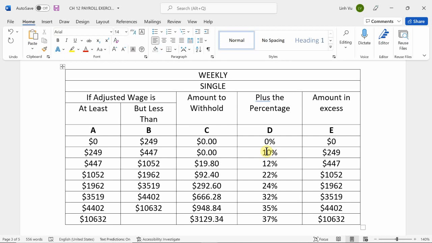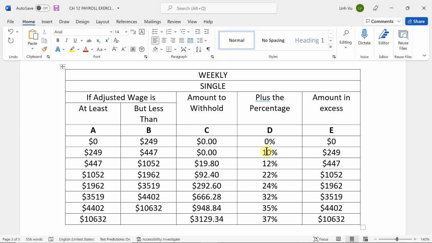How much did she earn? She earned 950. Okay, use the table. Letter A says she earned at least this much, but she earned less than.